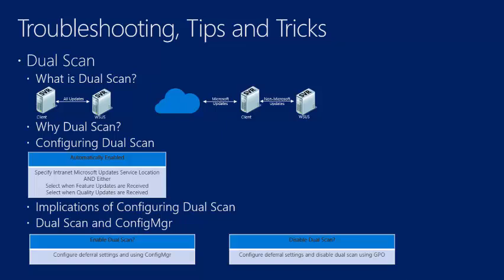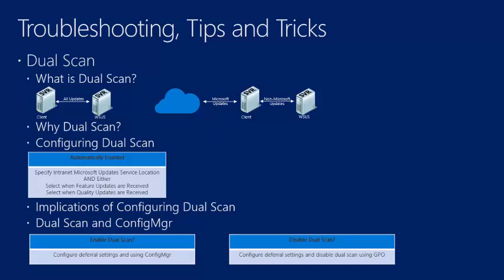So the way it gets enabled is there's actually one main setting, as you see in the table here, Specify intranet Microsoft update service location, and then if you pair that with either Select when feature updates are received or Select when quality updates are received, and you pair those together, you are turning on dual scan, right?